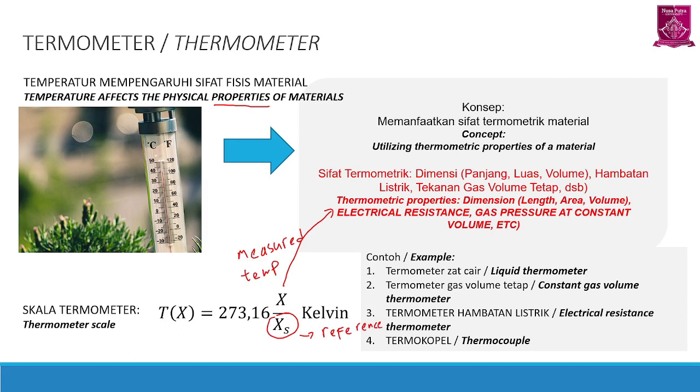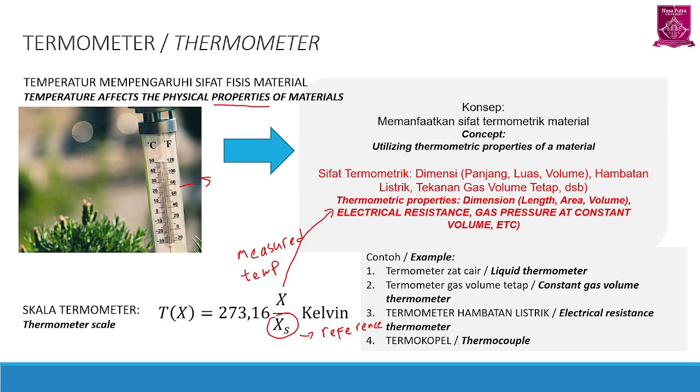Now, an example of a thermometer is the liquid thermometer, the common thermometer that we use on a daily basis, like in these figures, because this thermometer uses alcohol as the thermometric property.